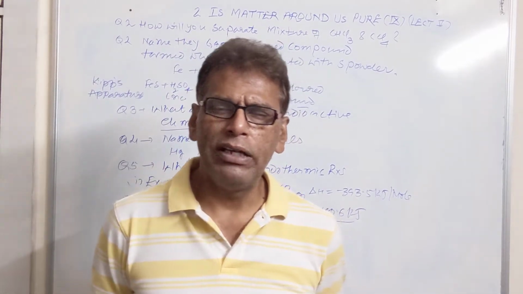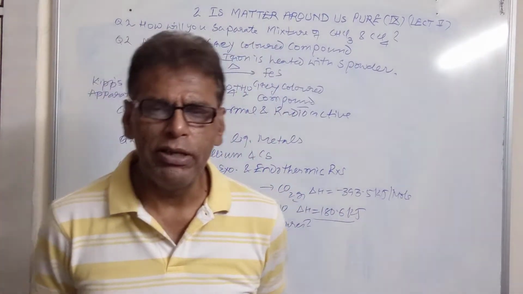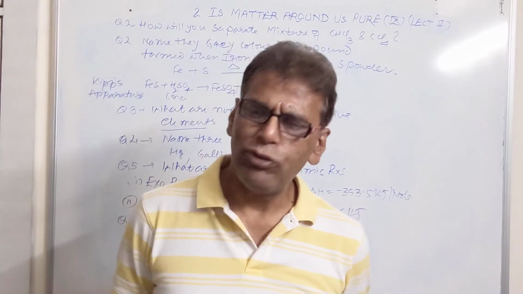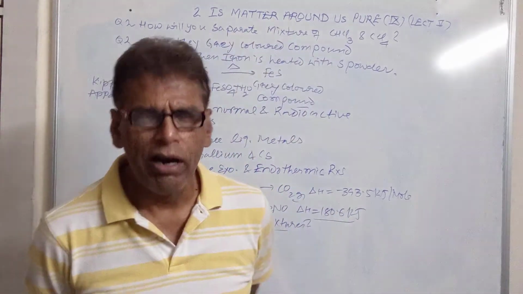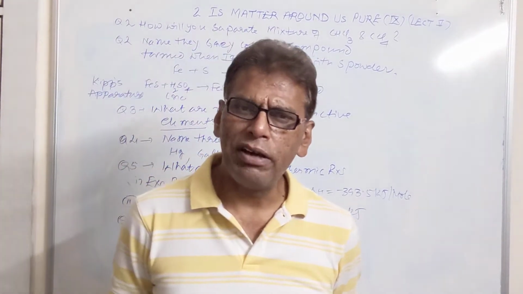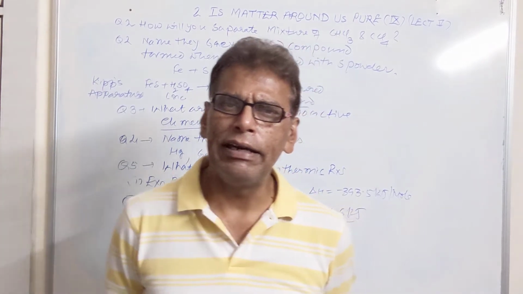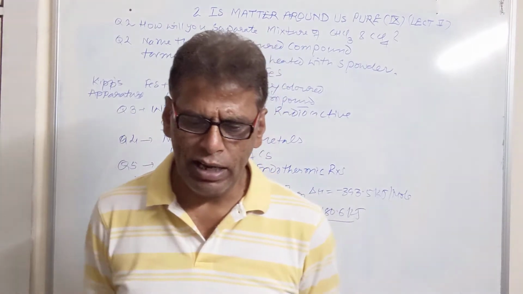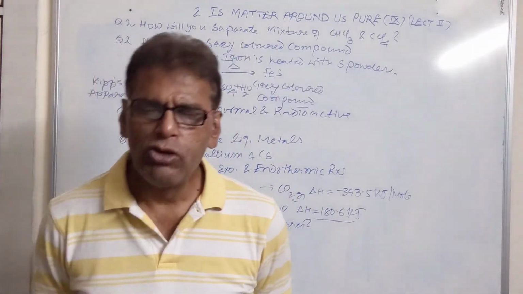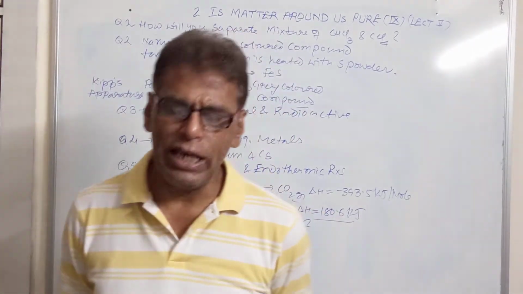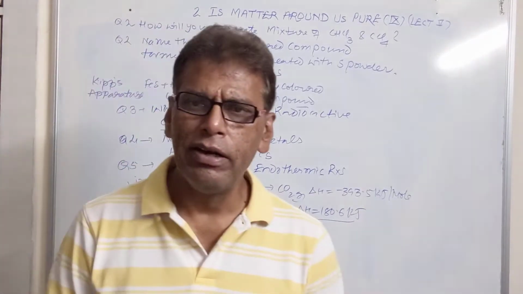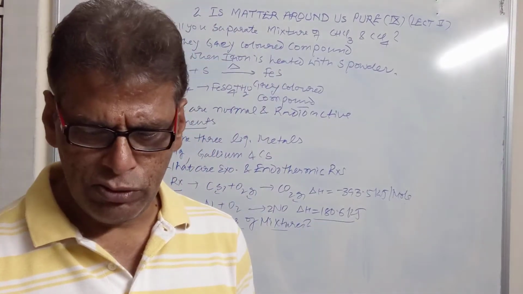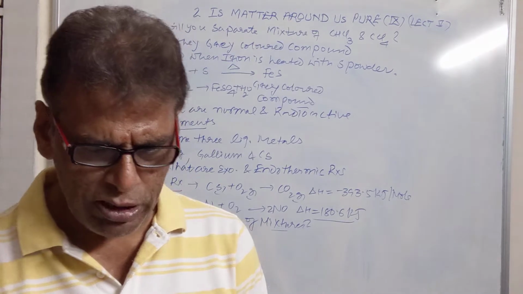Helium, for example, has a boiling point of 4.2 Kelvin, so it will be separated at 4.2 Kelvin. Then we have argon, whose boiling point is near 80, nitrogen a little more than 80, then oxygen. So these gases are collected at different levels in the fractionating column. So these are our important questions.